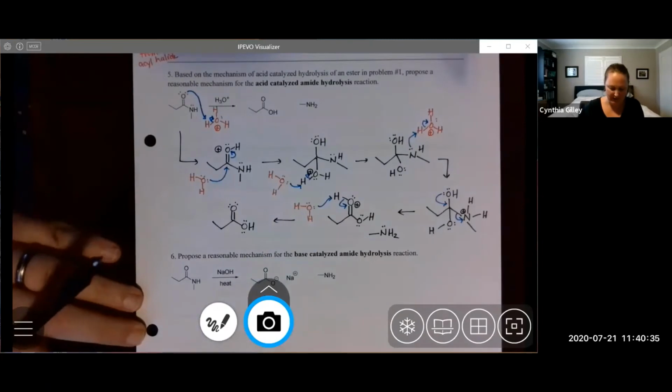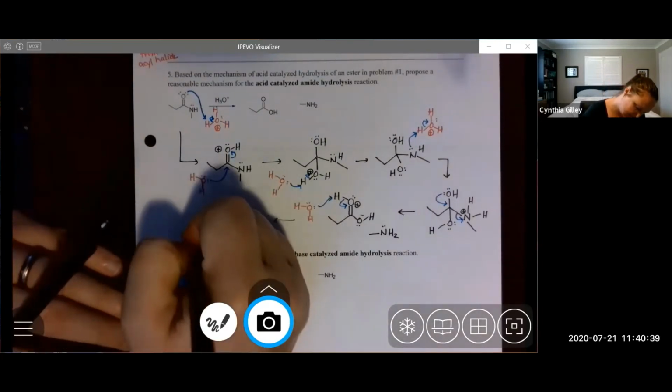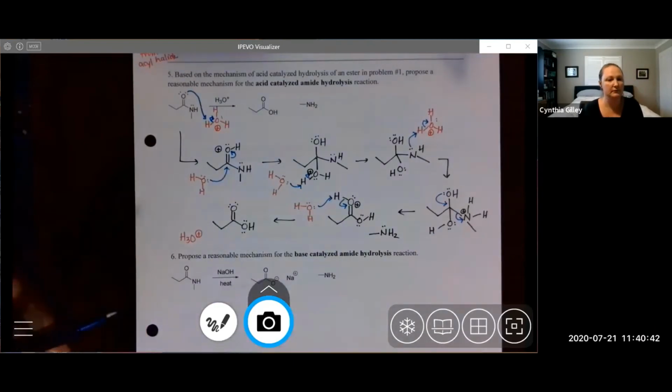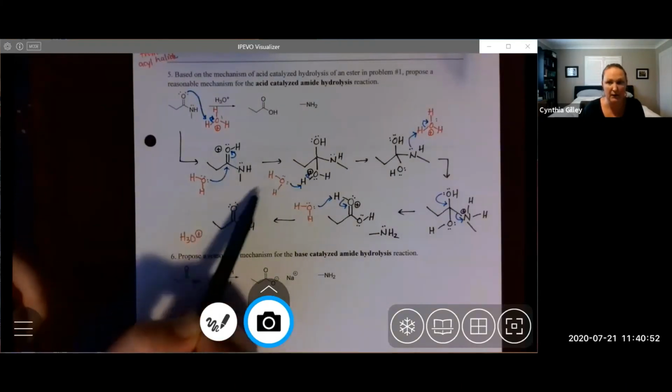Okay, and that regenerated our catalytic acid. So basically very similar to acidic hydrolysis of an ester. The only difference really is the different leaving group.